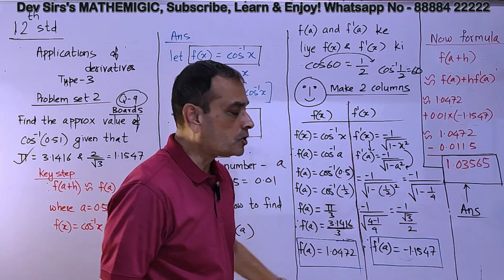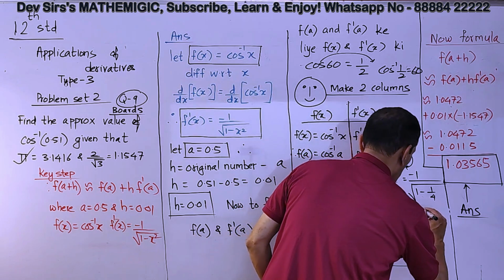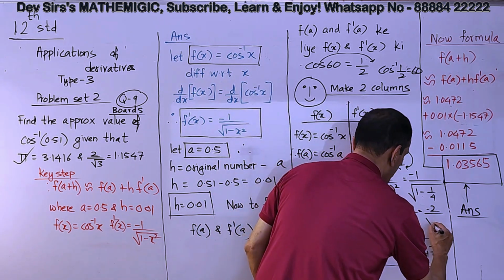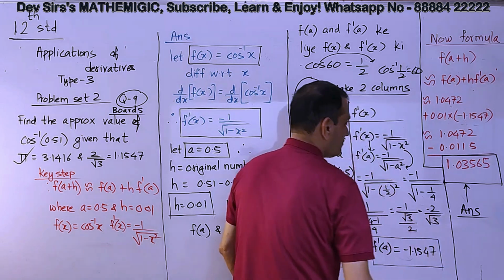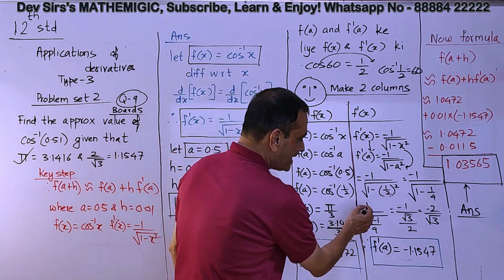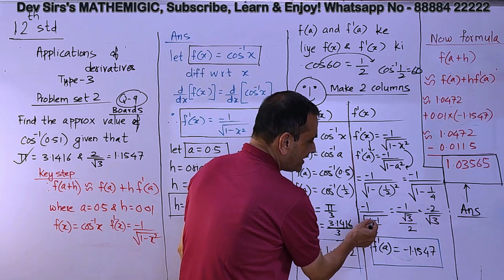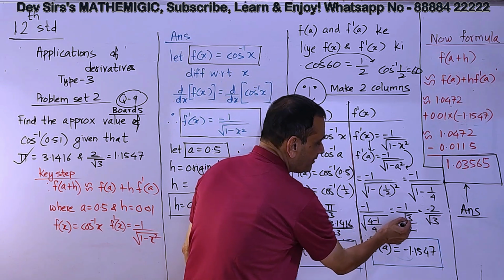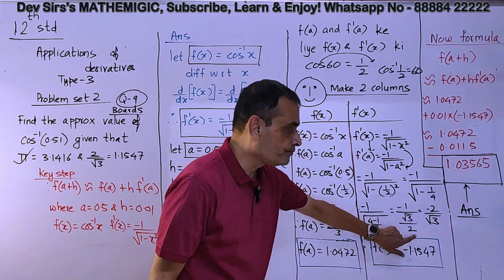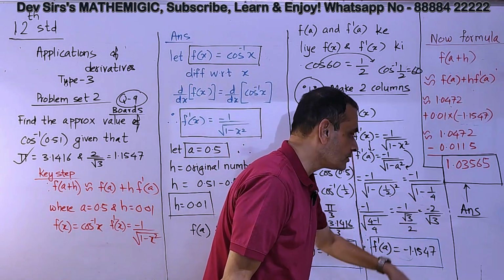Numerator into reciprocal of denominator, 2 ऊपर गया, root 3 नीचे आया. Minus 2 upon root 3. Okay, this minus 1 is already there. After taking the square root of 3, I write root 3. After taking the square root of 4, I write 2, and then minus 2 upon root 3.